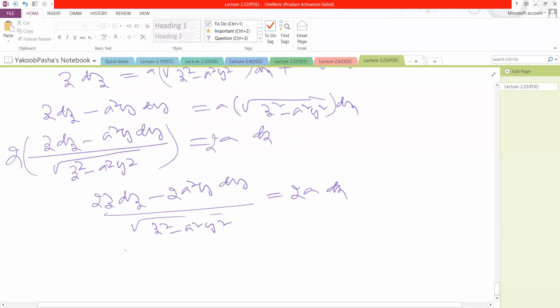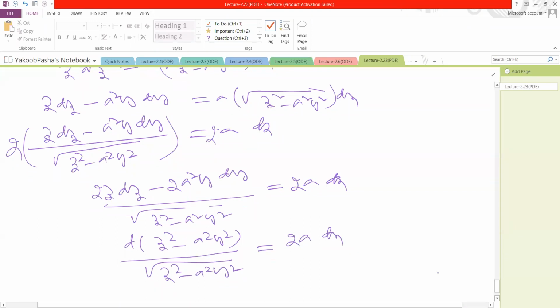So it is nothing but d of z square minus a square y square, differentiating we'll get 2z dz minus a square, constant, y square derivative 2y dy. Denominator will be z square minus a square y square, is equal to 2a into dx.